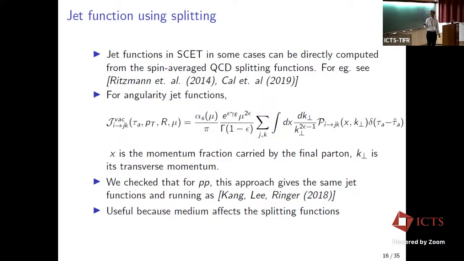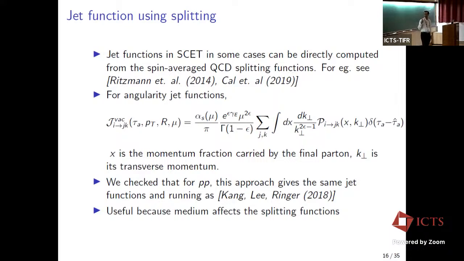This sort of rewriting of the jet function also gives you exactly the same form of the jet function for the PP case. So there's no new thing that comes for PP when you do this.